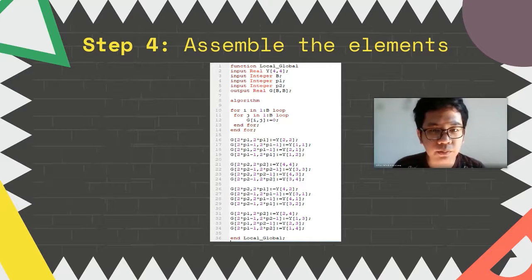We use a loop operation, and below is the algorithm to determine the operation inside the matrices. There are a total of 4 trusses, so we have four different operations of matrix. And after that, we end local global to end the equation.